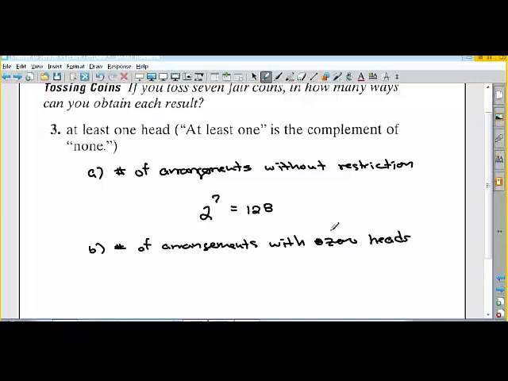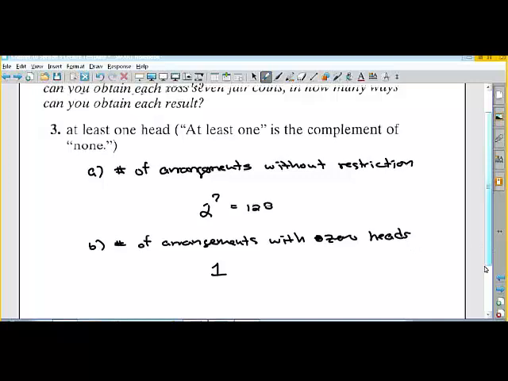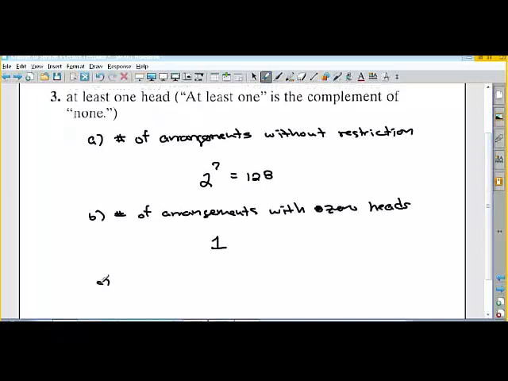Okay, how many ways can we have 7 tails? 1 way. The first coin's a tail, the second coin's a tail, the third coin is too. There's only one arrangement out of the 128 that's all tails. So the answer is 1. The number arranged with 0 heads is 1. It's tails, tails, tails, tails, tails, tails, tails.